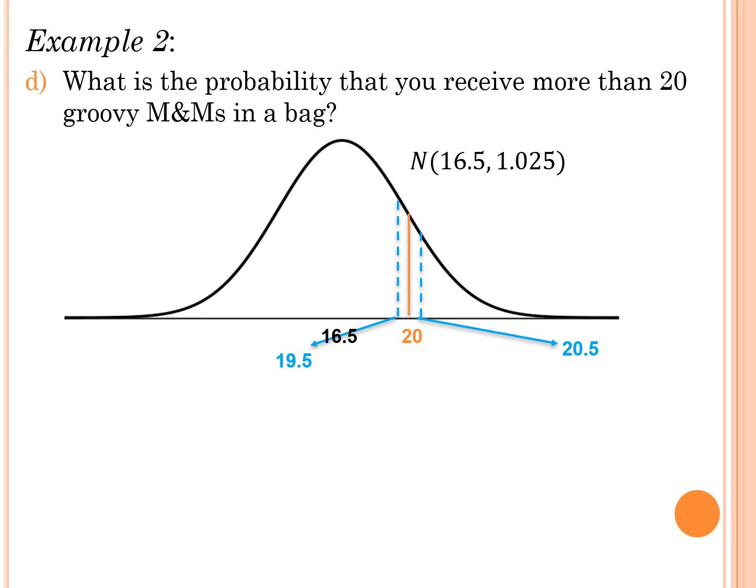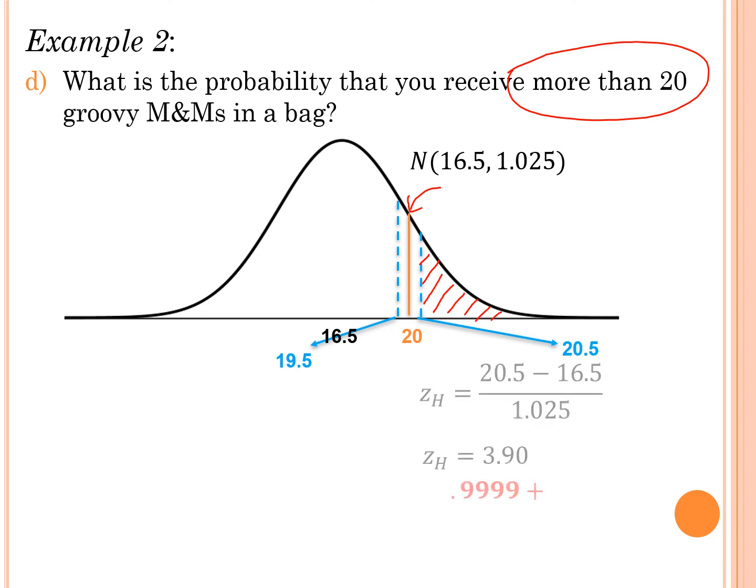When it's asking us to find the probability that we get more than 20, do we want to include this middle section where 20 is, or do we not want to include it? More than 20 would not include it, which means we would start here and find everything to the right of it.